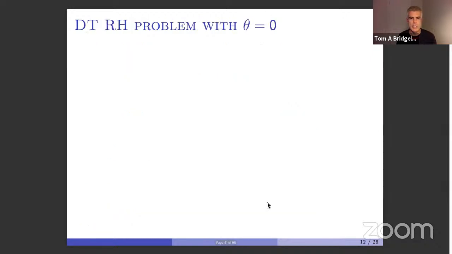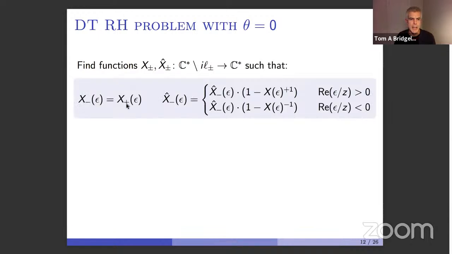Okay, so what is the DT Riemann-Hilbert problem? So for simplicity, I'm taking theta equals 0, so this constant term in the asymptotics. And so I'm looking for these two functions on these two regions that I just talked about. These are just the two components of this map into the torus. And here are the jumps.